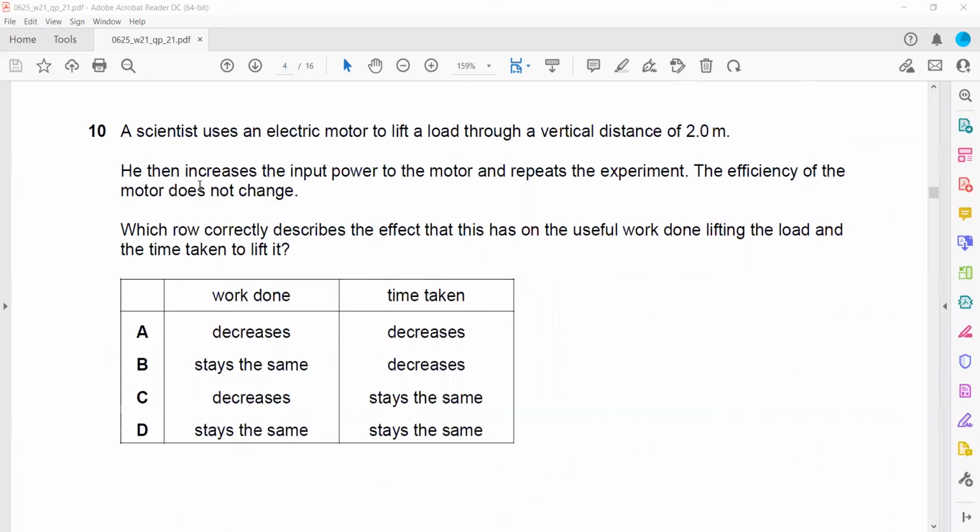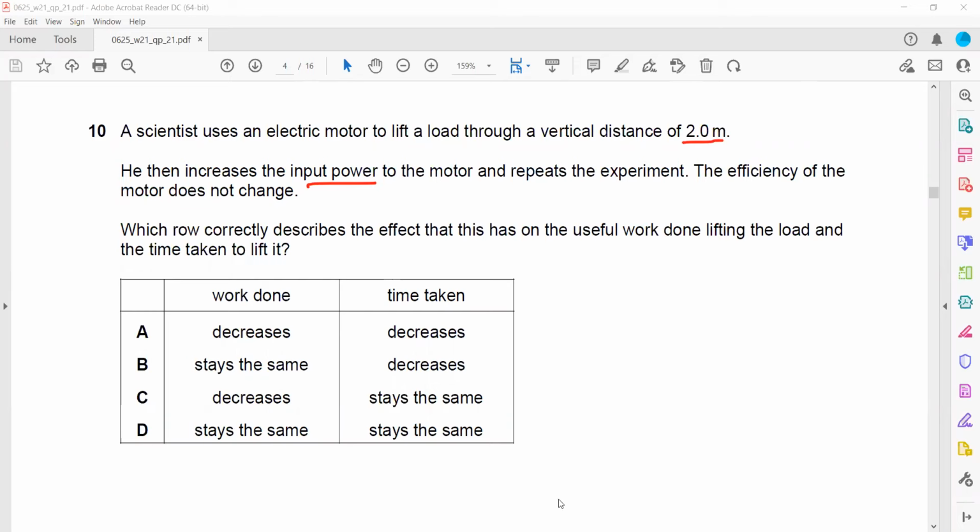In question 10, a scientist uses an electric motor to lift a load through a vertical distance of 2 meters. He then increases the input power and repeats the experiment, and the efficiency of the motor does not change.